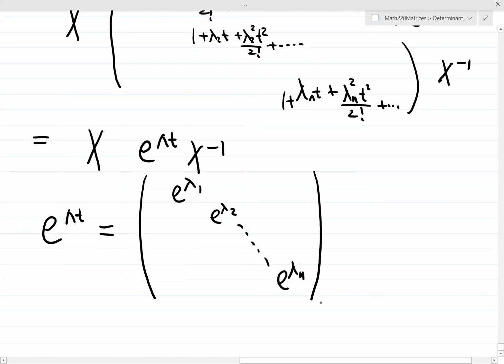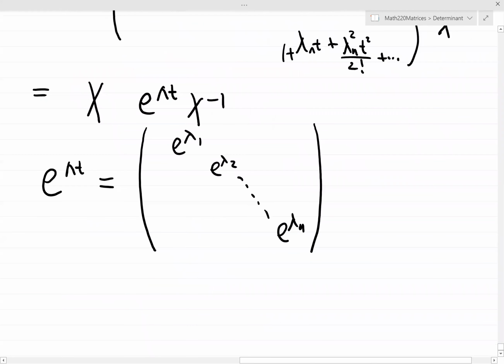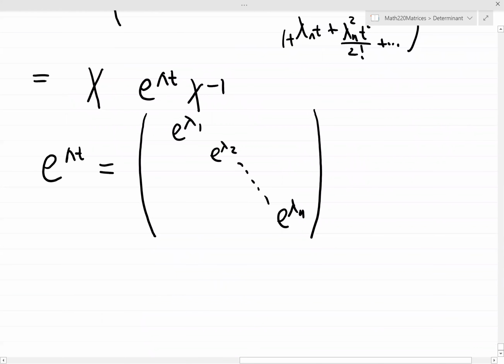So if A is diagonalizable, then that will be really easy. If Gamma is a diagonal matrix, then e to the Gamma t is also a diagonal matrix.